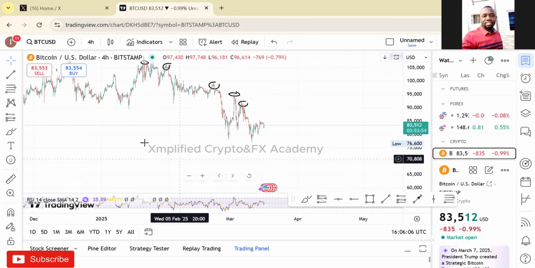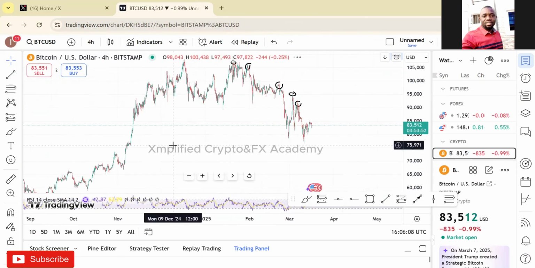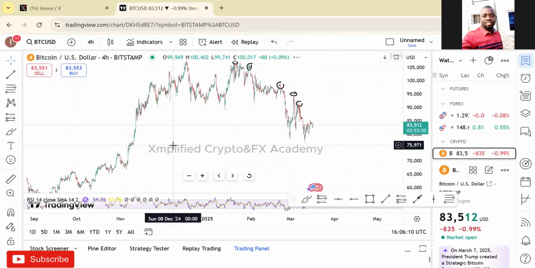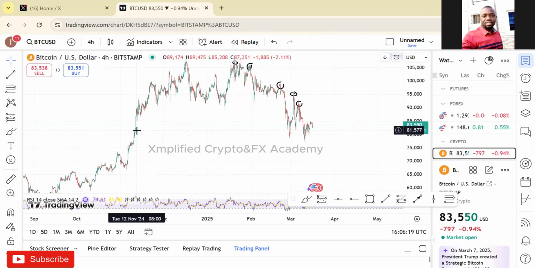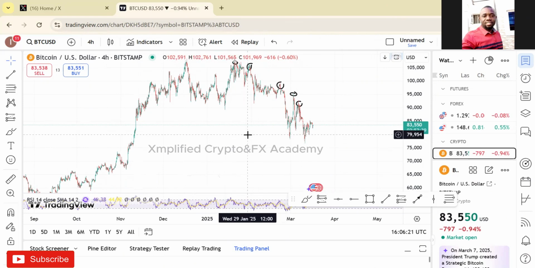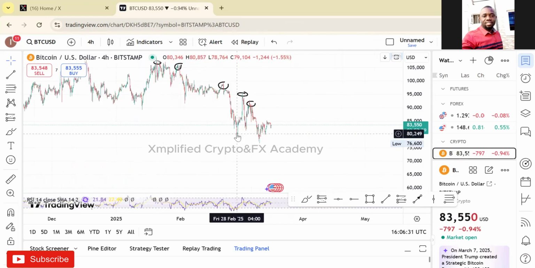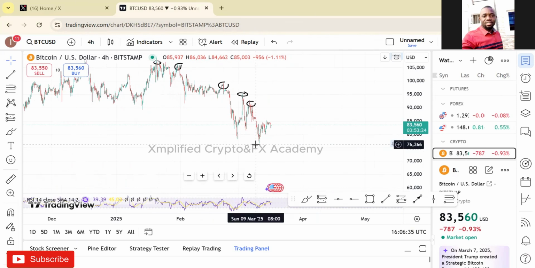Looking at these, from what Bitcoin has been doing right now, it's good to position your entry at $80,000 at this point. You can say 76, it may not actually happen for you, all right?